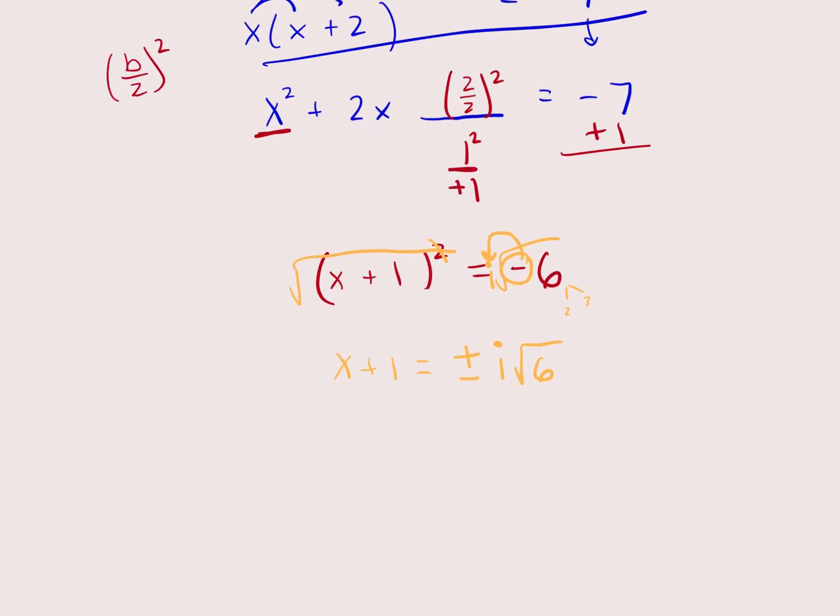And then the last step is to get the x all by itself. So I'm going to subtract 1 on both sides. Get that 1 to cancel. So I have x is equal to, I cannot combine negative 1 and i square root 6, so I leave it separate. So negative 1 plus or minus i square root 6.